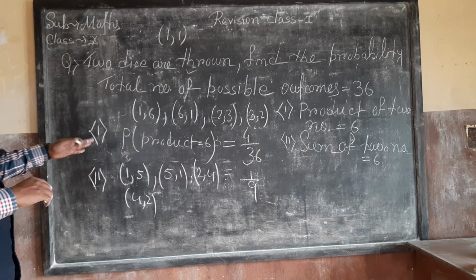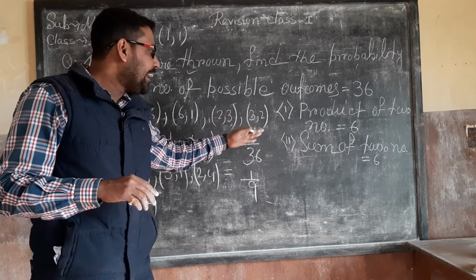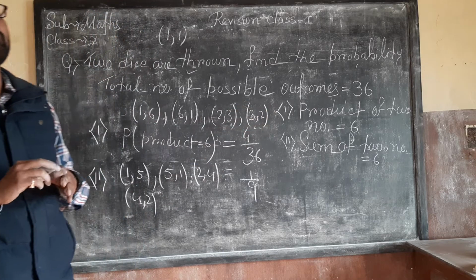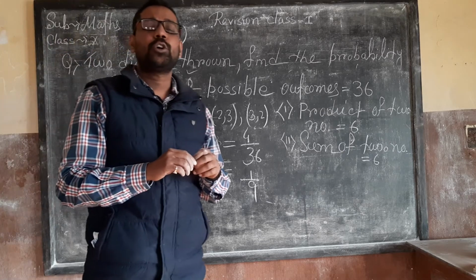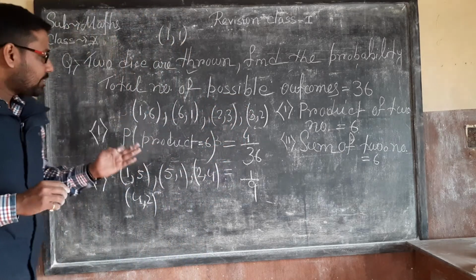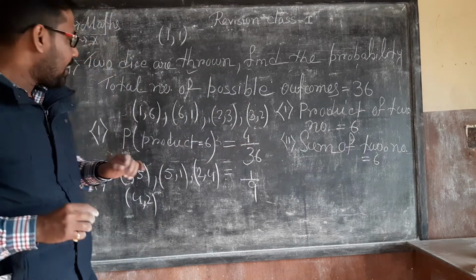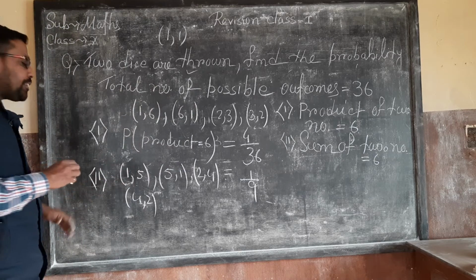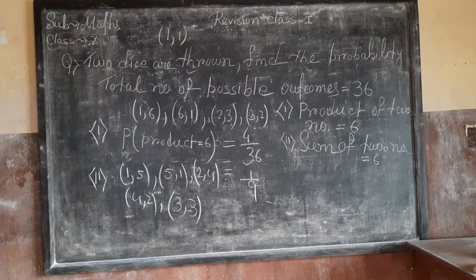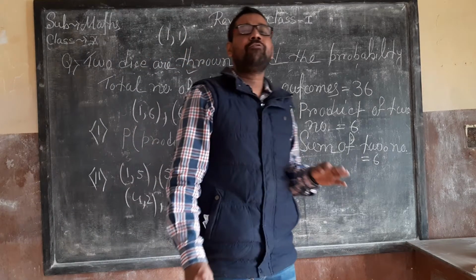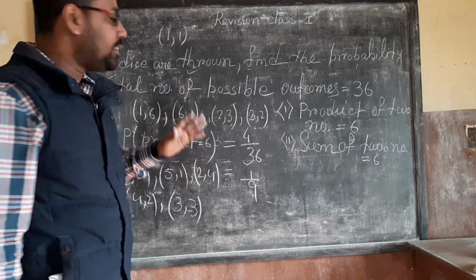And 3 plus 3 also produces 6. So the total number of favorable outcomes for the second event, the sum of the two numbers is 6, is 5.